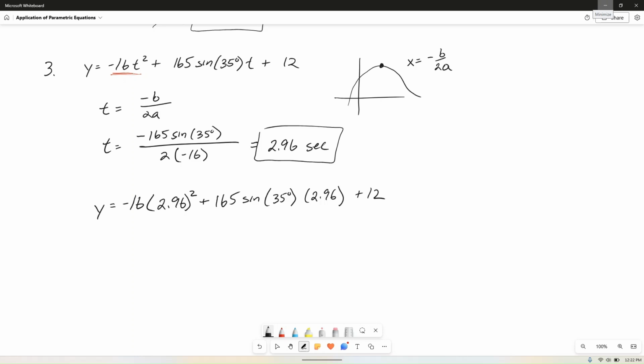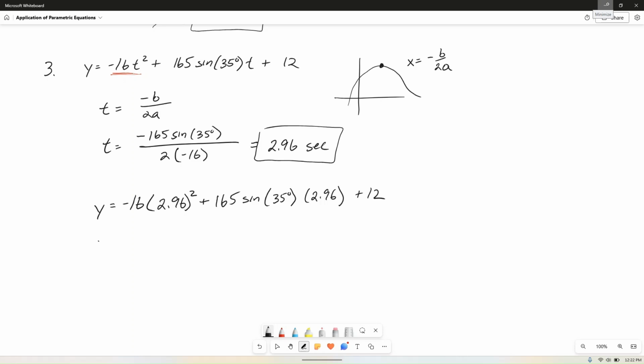I'm just putting that 2.96 in the place of all the t's. And again, I'm using the rounded answer, which is going to lose some precision here. If you wanted to be more precise, you should use the unrounded answer for t. But for this illustration, I'm going to use the rounded value.